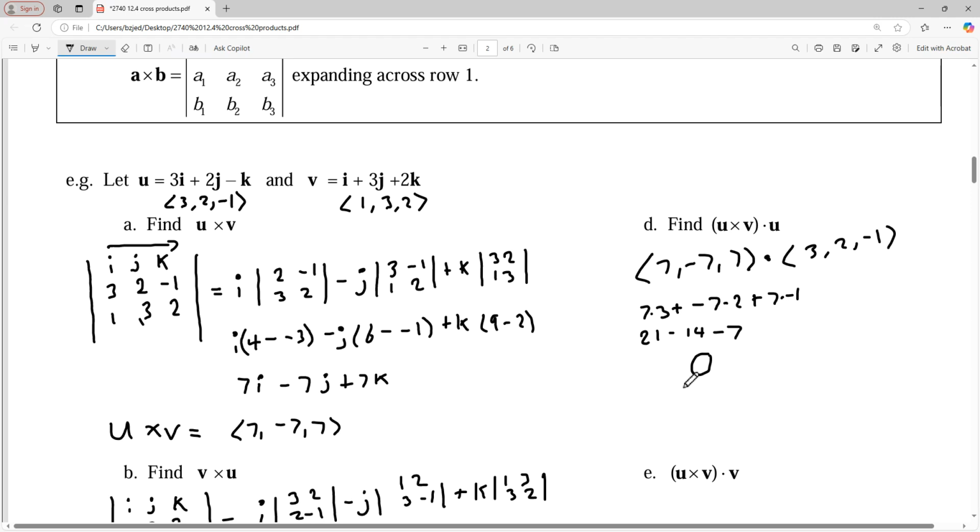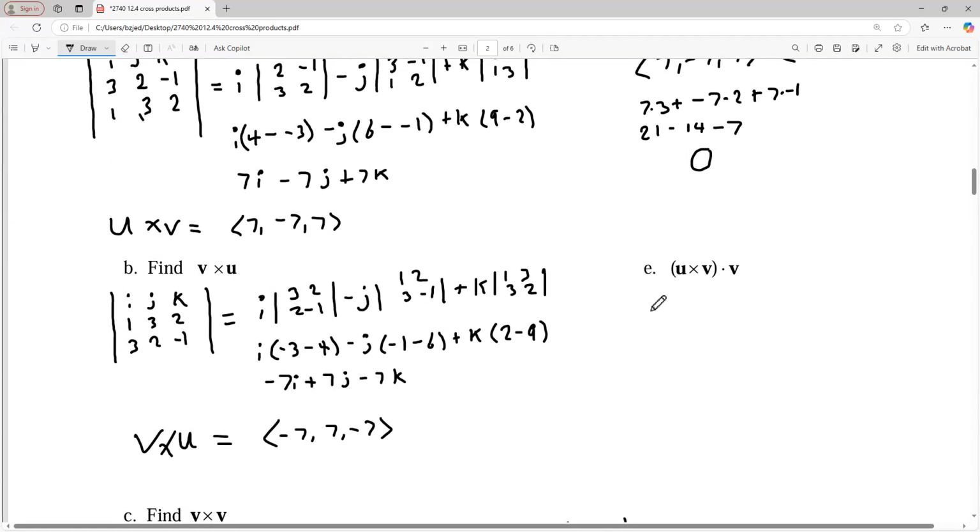It's very interesting. Maybe it's a fluke. Let's try another one. Here I have u cross v dotted with v. So I have u cross v again from over there, 7, -7, 7. And instead of dotting it with u, I want to dot it with v this time. v was the vector 1, 3, 2 off memory.